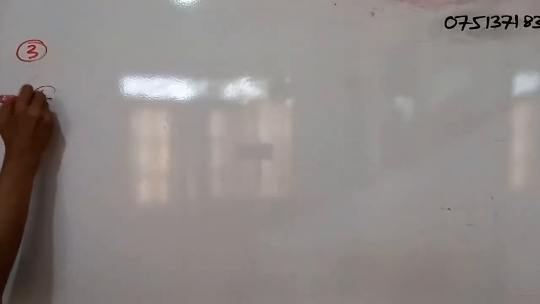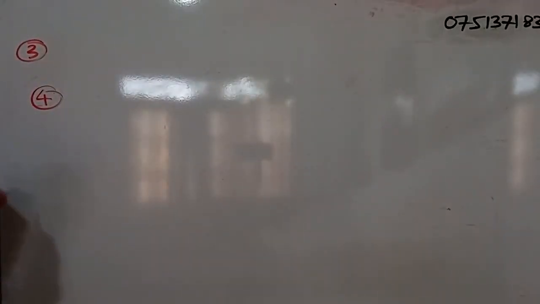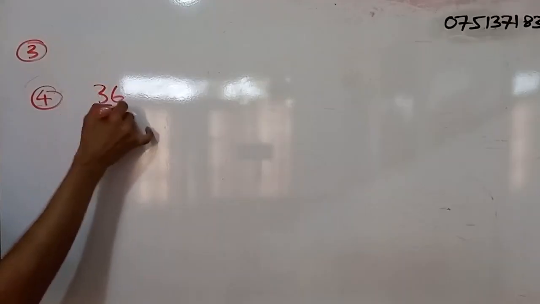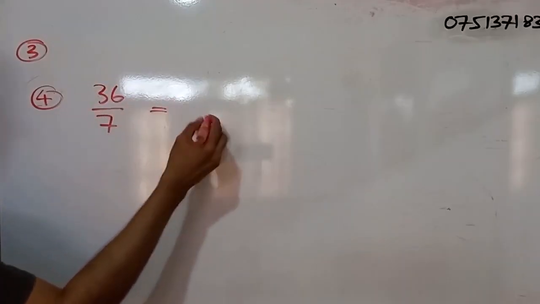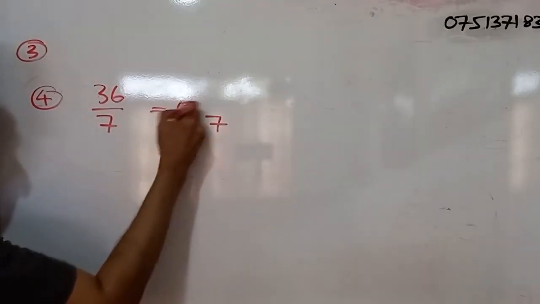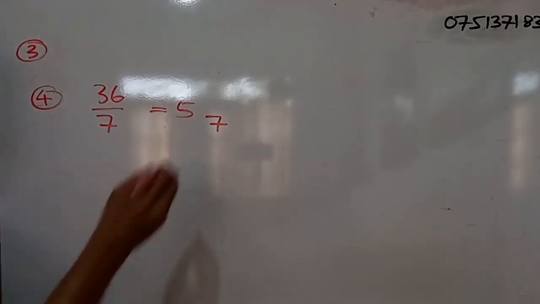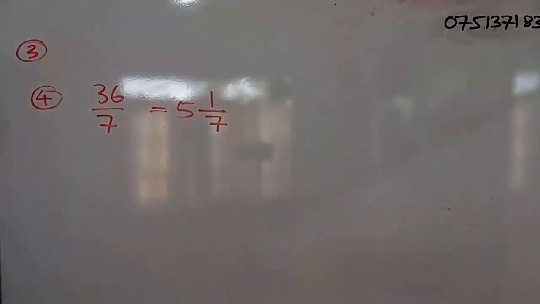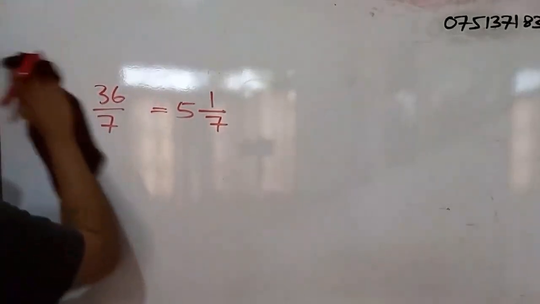Right? Part 4, we have 36 by 7. So we know 7 times 5, that is 35, and we need one more to go to 36. Right.